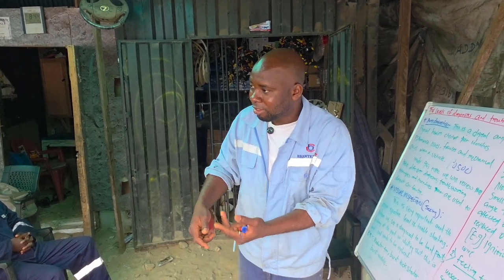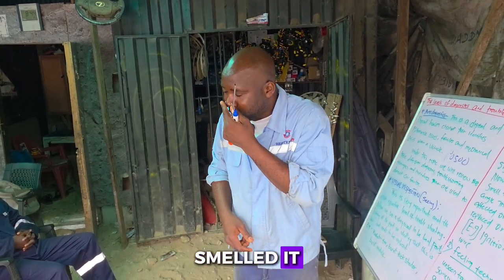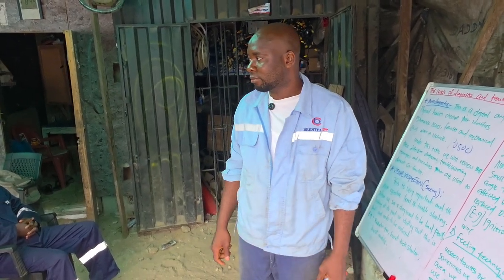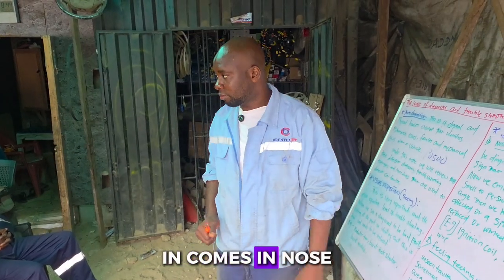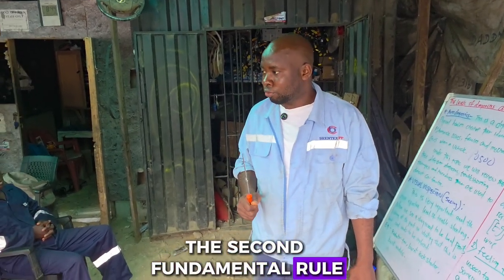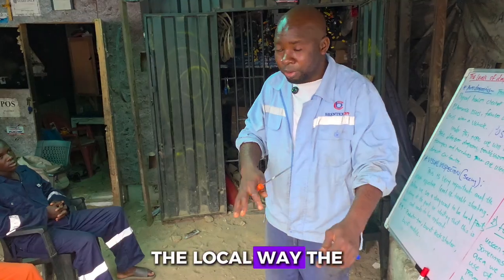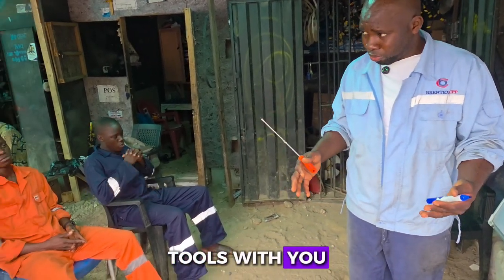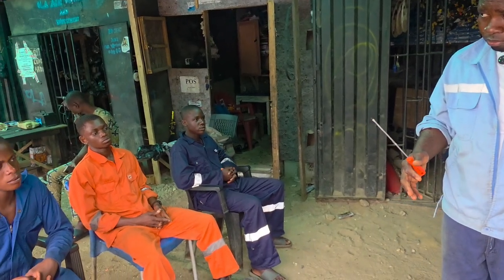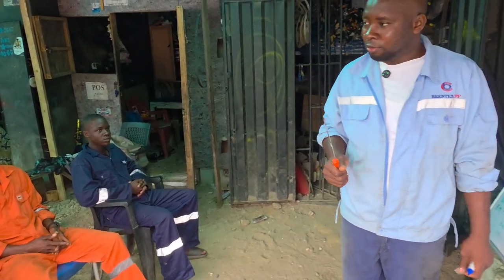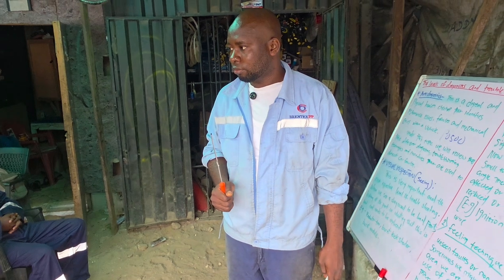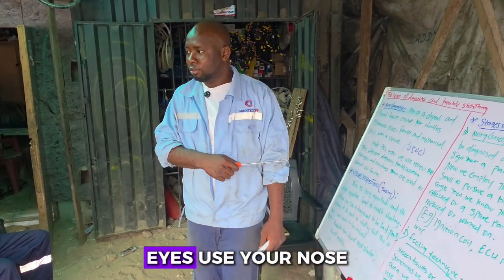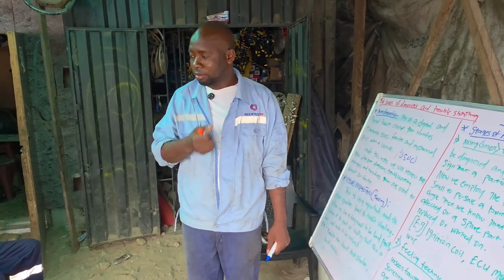There's a burn inside. Because you smelled it, that was what made you identify that the coil is bad. That's where nosing comes in. Nosing is the second fundamental rule, very, very important. It is the local way you can use to identify a fault if you have no tools with you. Smelling is the second fundamental rule. After you use your eyes, you use your nose to smell.